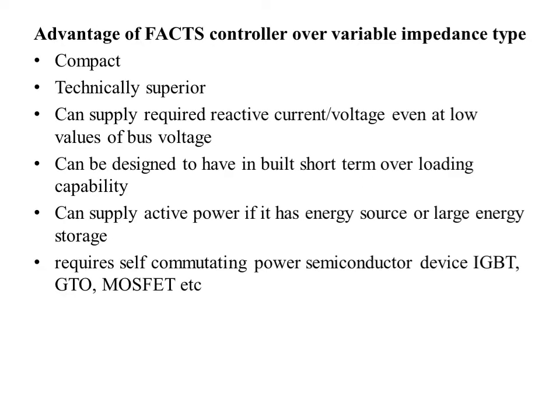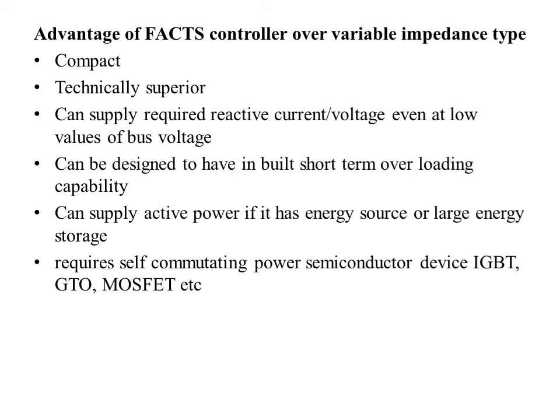Advantages of VSC based FACTS controllers over variable impedance types are: it is compact in size, technically superior because we can have entire control over this device, can supply required reactive current or voltage even at low values of bus voltage, can be designed to have inbuilt short-term overloading capability, and can supply active power if it has an energy source or large energy storage.